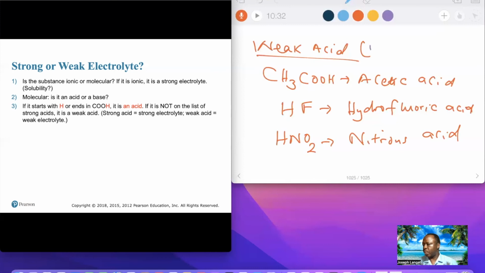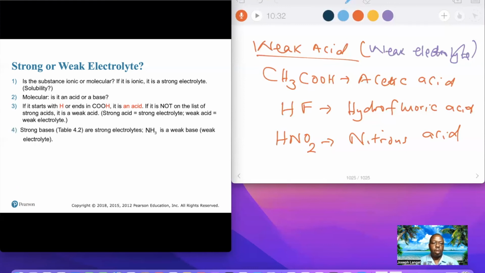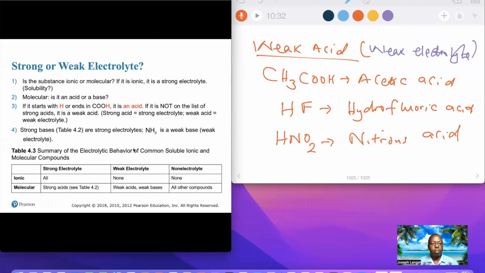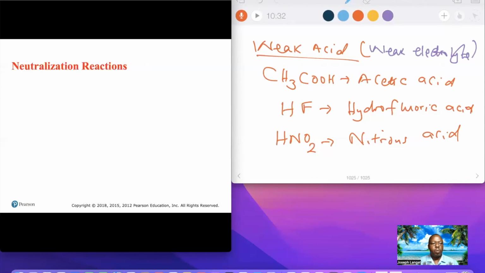These are weak, which do not dissociate completely. We have looked at the strong cases, all group 1 hydroxides. Ammonia is a weak electrolyte as well. Okay, please go back and make your own notes on that.